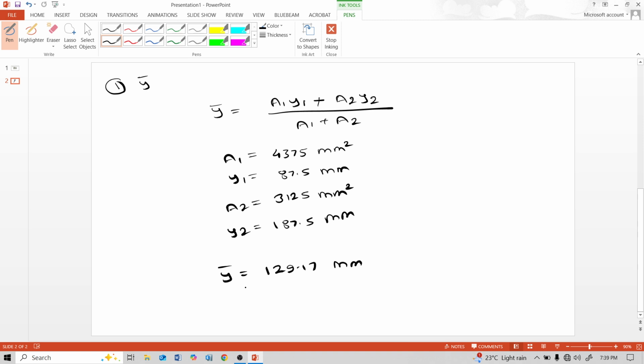This Y bar is the centroidal distance for the T section from the bottommost fiber, 129.17 mm.